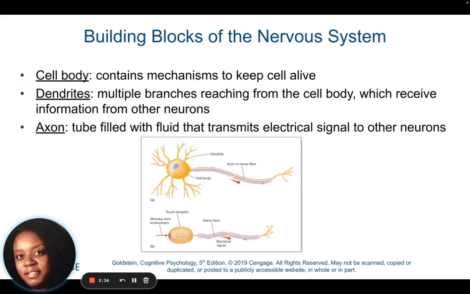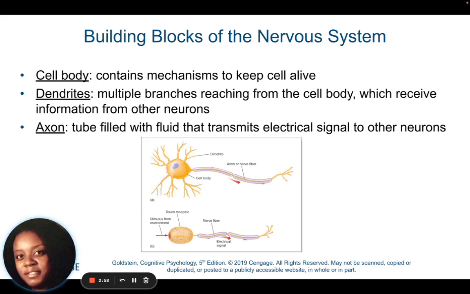Here's an example of how they can be structured differently, but you can see the soma, or cell body, is that big part that contains the organelles. Whenever a message is received from the dendrites, the cell body helps determine whether or not that message should continue to be sent throughout the body.